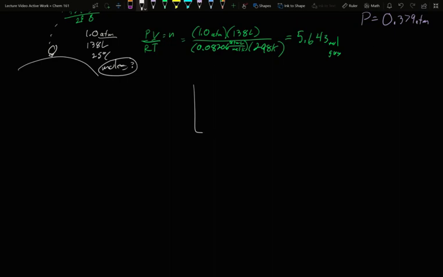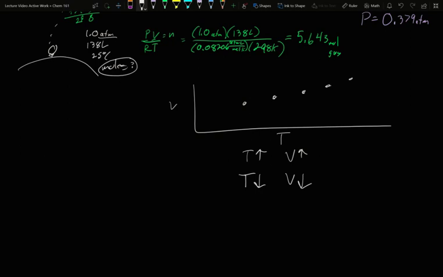Well, one of the relations, if we think back, was temperature and volume. As our temp went up, our volume went up. But it also meant as the temp went down, the volume also went down. So if we think about temp and volume, you could experiment with a real gas and find its volume and its temperature, increase its temp a little and your volume went up a little.